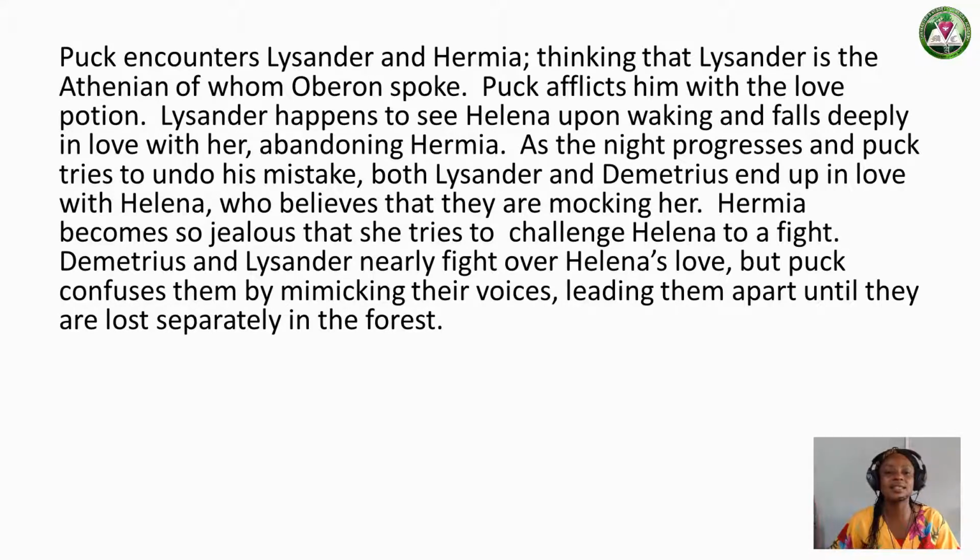Now, Puck encounters Lysander and Hermia, thinking that Lysander is the Athenian of whom Oberon spoke. So Lysander was mistaken for Demetrius, and Puck afflicts him with the love potion. Lysander happens to see Helena upon waking and falls deeply in love with her, abandoning Hermia. So you can see the complexity there.